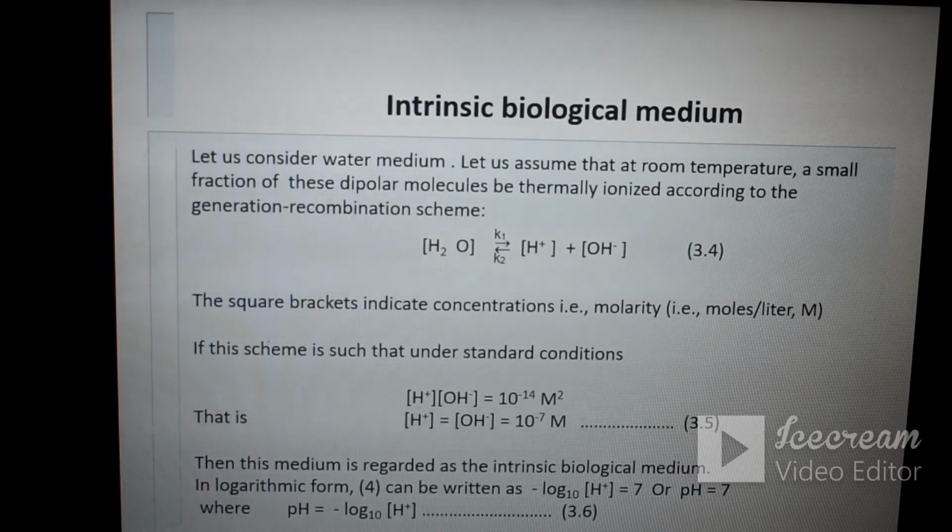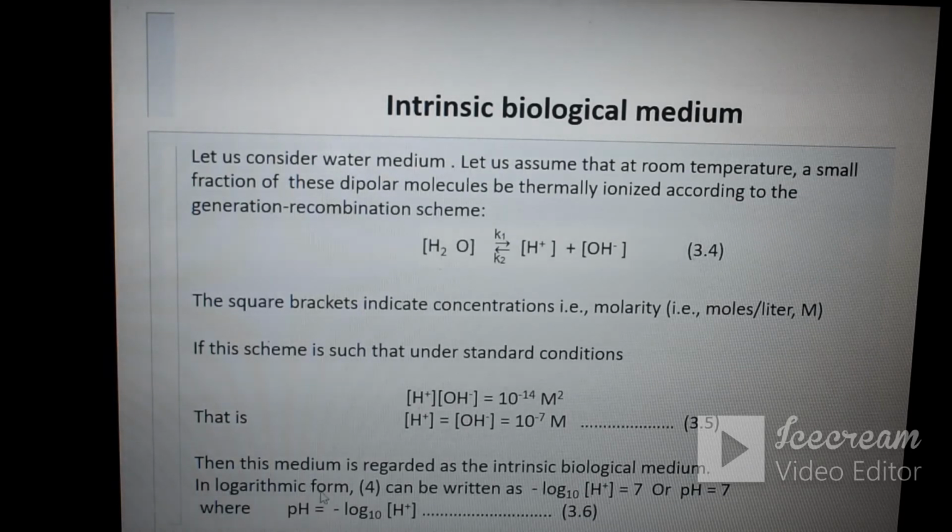And this scheme, basically a chemical scheme, is such that under standard conditions, [H+][OH-] equal to 10 to the power minus 14 mole squared. That is, hydrogen ion concentration is equal to hydroxyl ion concentration equal to 10 to the power minus 7 mole per liter, 3.5. Then this considered medium, water medium, is regarded as the intrinsic biological medium.